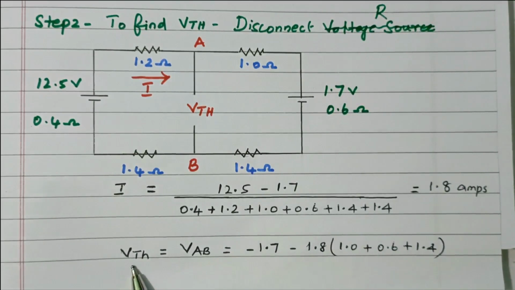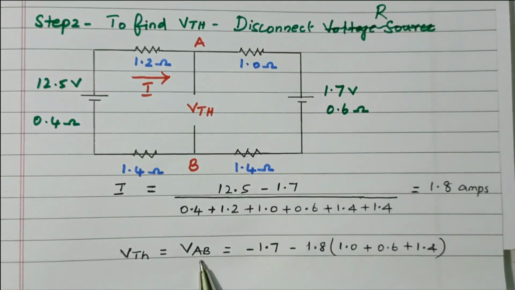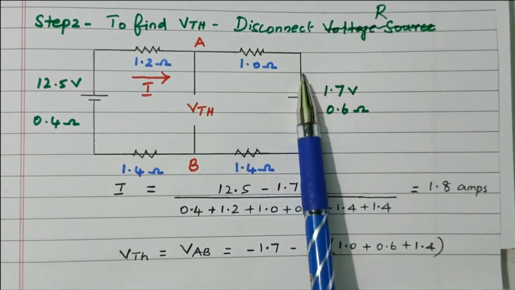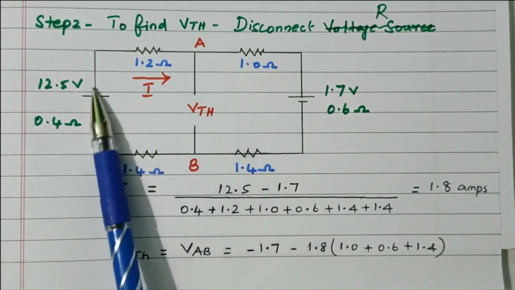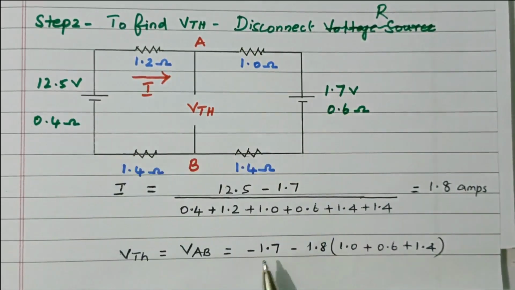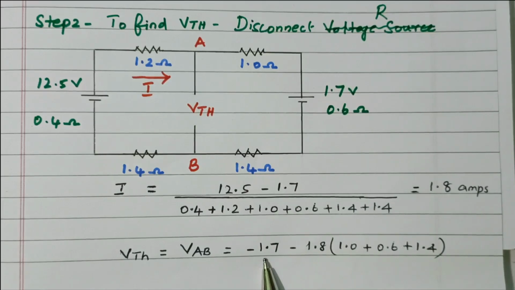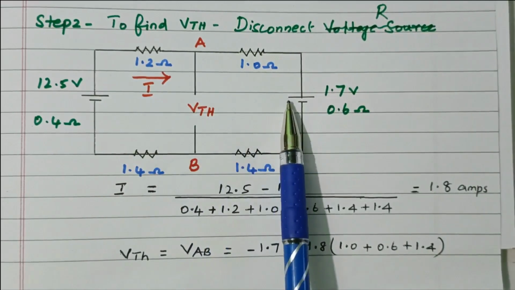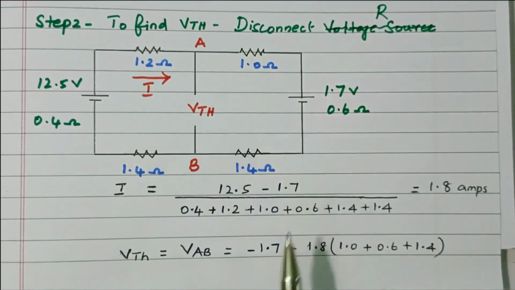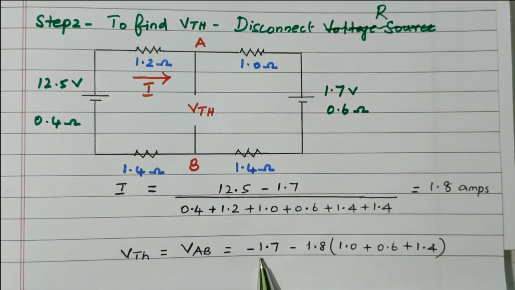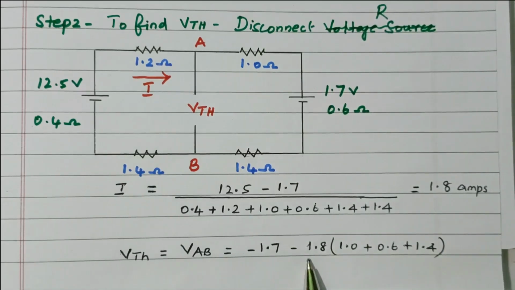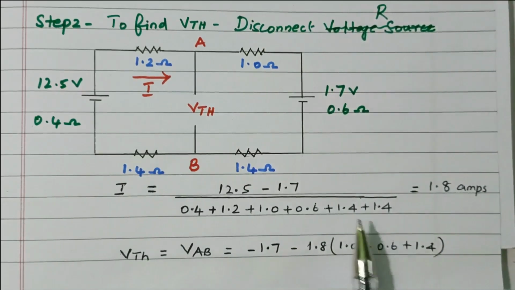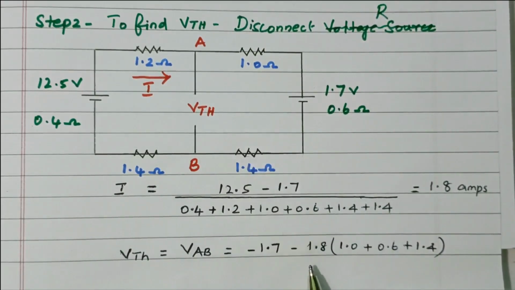Now we'll find VTH equal to VAB. We calculated from that side, but this side can also be used. The 1.7 volt source is available. See the current direction: current flows downwards, from positive terminal to negative terminal. So we take 1.7 volts and subtract the voltage drop across the resistances. The voltage drop is V equals I into R. I is 1.8 ampere.